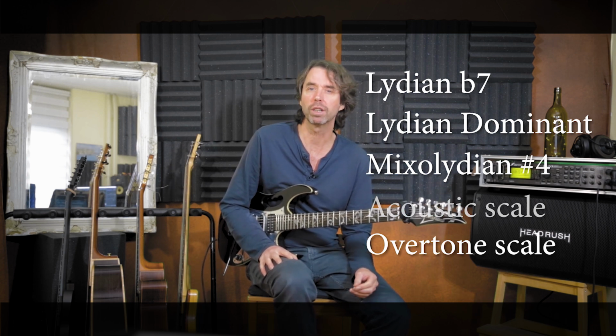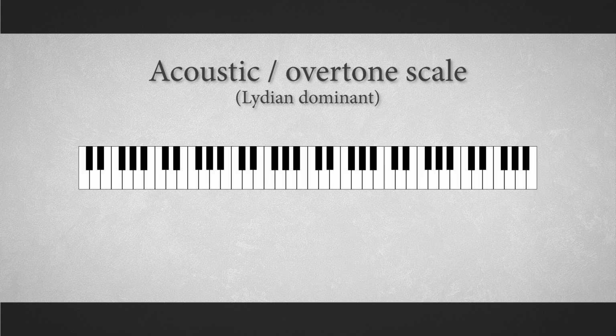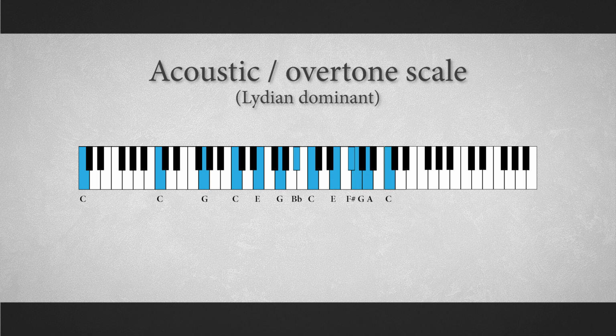Now, overtones are notes that sound along with the note that is actually played and give acoustic instruments like the guitar and piano their timbre and characteristic sound. The overtones that sound when we play the note C are C1, C2, G2, C3, E3, G3, B flat 3, C4, E4, F sharp 4, G4, A4, and so on, resulting in this cumulative sound.